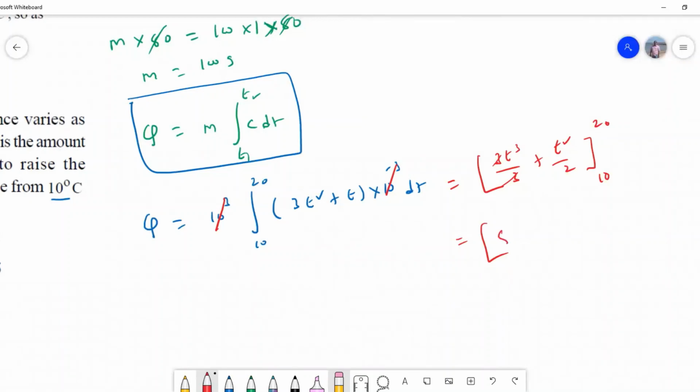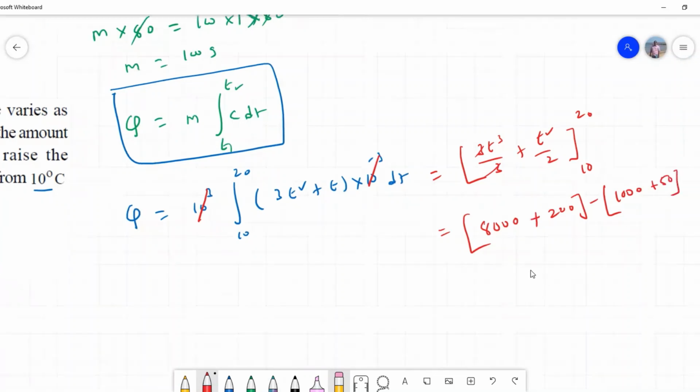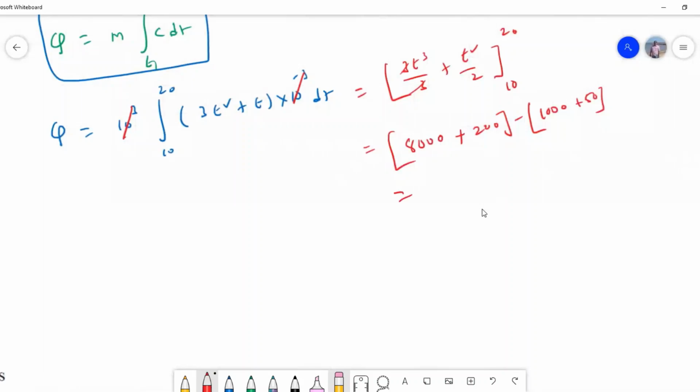When you put the upper limit, it becomes 8000 plus 200, because 400 by 2 is 200, minus the lower limit, which is 1000 plus 100 by 2, nothing but 50. So let's write this as 8200 minus 1050.